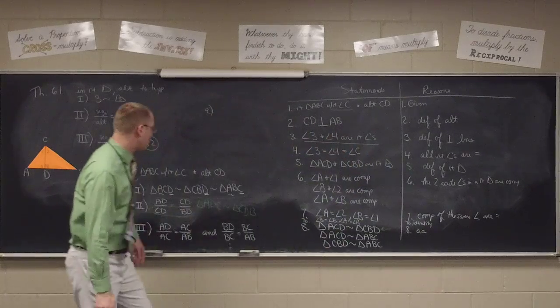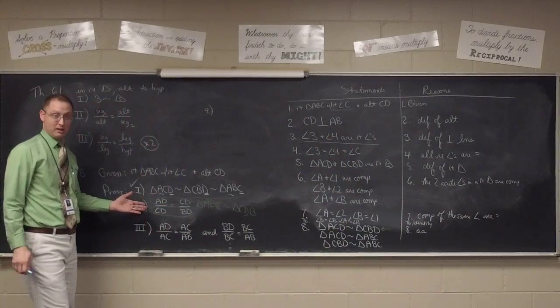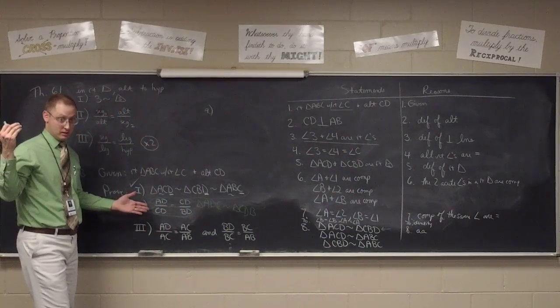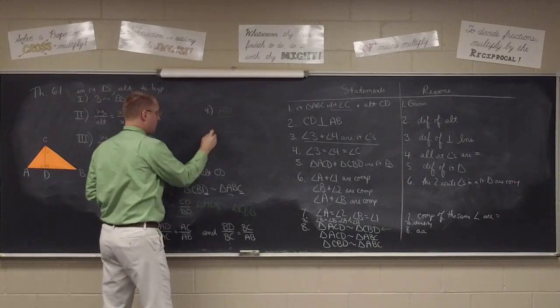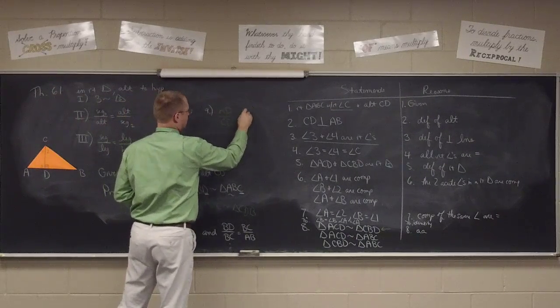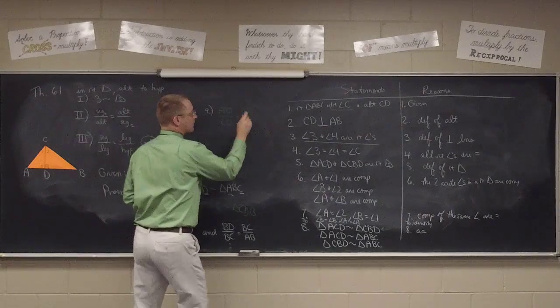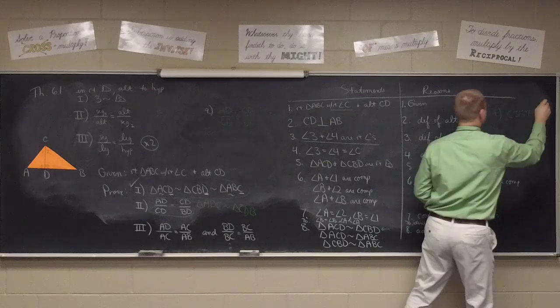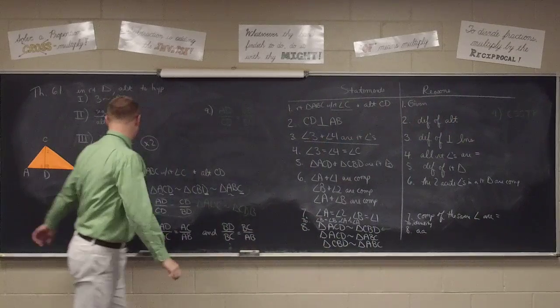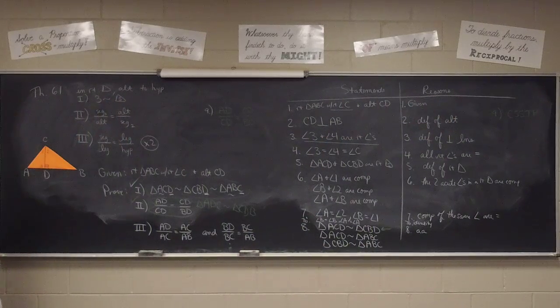Right there. So, is this proportion true, class? By CSSDB. So number 9, AD is to CD as CD is to BD by CSSDB. Check off number 2.